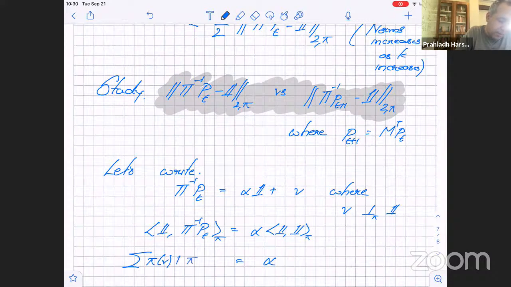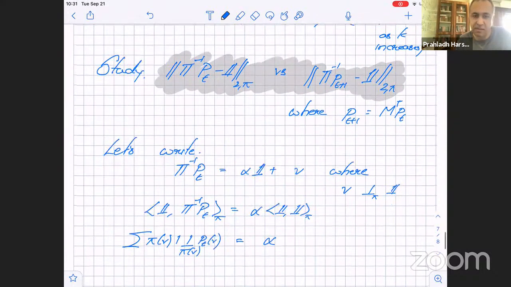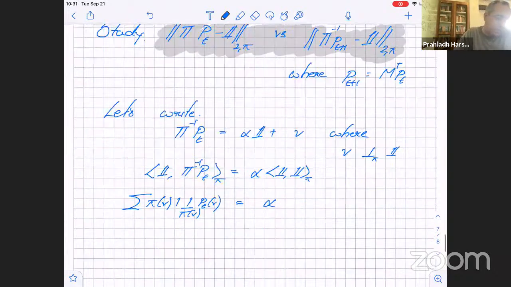It is set up such that the pi cancels and you get just the summation of p_t, which is 1. So alpha is 1 if p_t is a probability distribution.